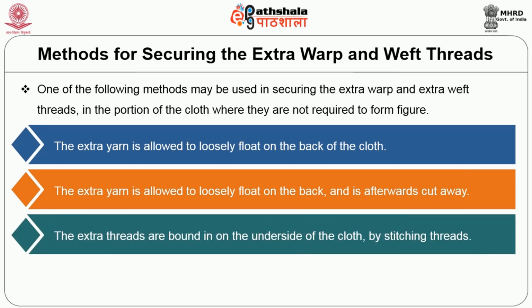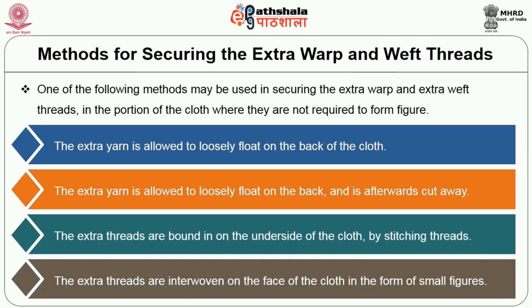That could be another scenario, whereas in the third case the extra warp threads are bound in on the underside of the cloth by stitching threads. So this is by using a stitching mechanism, where the float lengths are larger, it would be stitched to the underside of the cloth to consolidate the structure. And one other technique which is being used is that the extra threads are interwoven on the face of the cloth in the form of small figures, thereby consolidating the structure.